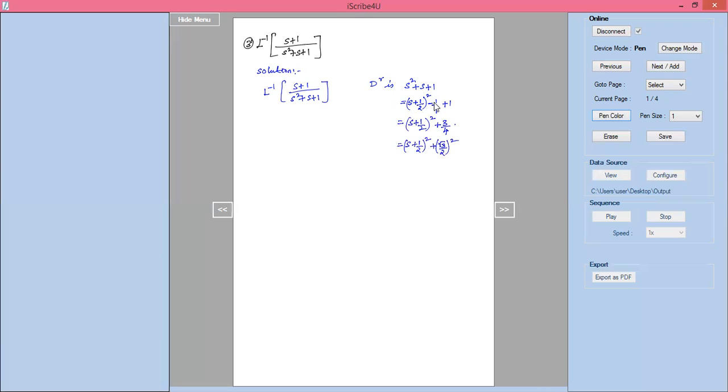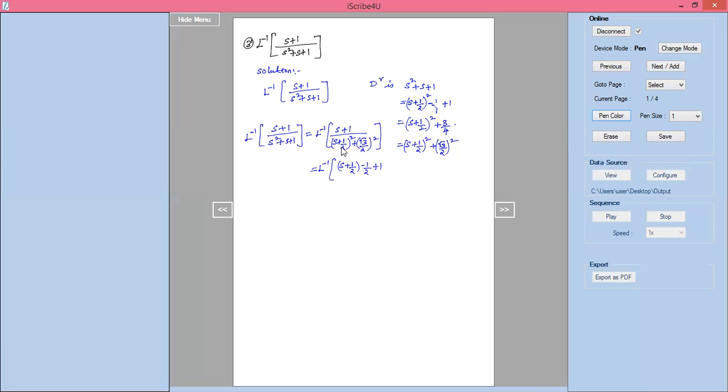Now I'll write L inverse of s plus 1 divided by s square plus s plus 1 in the form of L inverse of s plus 1 divided by s plus 1 by 2 whole square plus root 3 by 2 whole square. Now here s plus 1 is there. I will write this as L inverse of s plus 1 by 2 minus 1 by 2 plus 1. Why am I subtracting and adding 1 by 2?